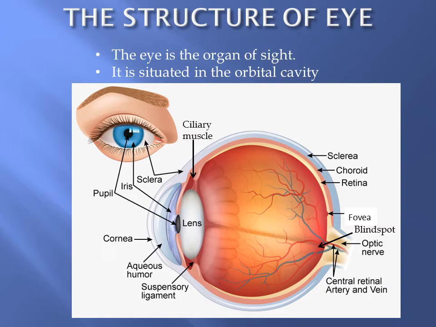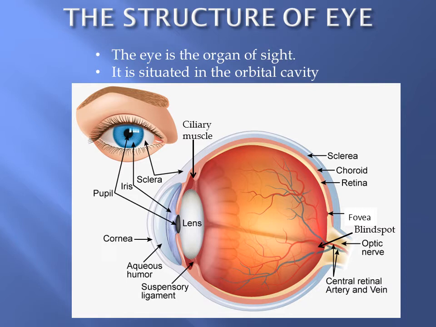What are those light sensitive cells present in the retina? The rods and cones. Rods help with nighttime vision and cones help to see colors. Cone cells give a sharper image than rod cells.